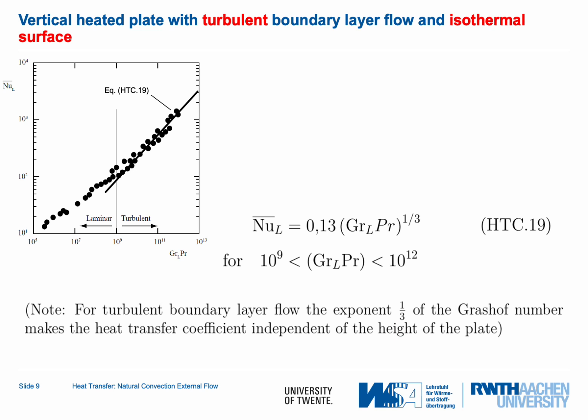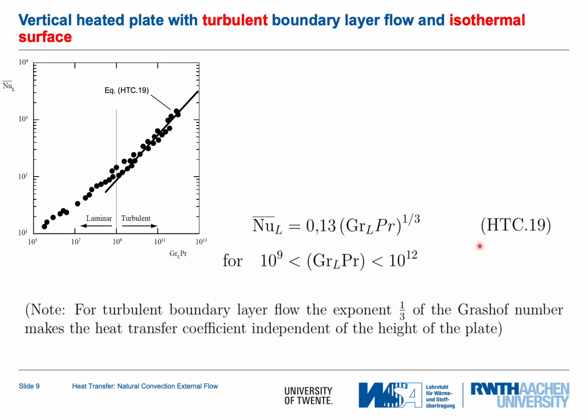We just had two cases where we looked at the laminar flow, and now we can look at the vertical heated plate with turbulent boundary layer and an isothermal surface, and that is the result given here in the graph. Here you see the Nusselt number as a function of the Rayleigh number, and you see that below a certain value we have a laminar flow, above a certain value we have a turbulent flow, and in this turbulent regime we can write the average Nusselt number as 0.13 times Grashof Prandtl to the power 1 over 3.